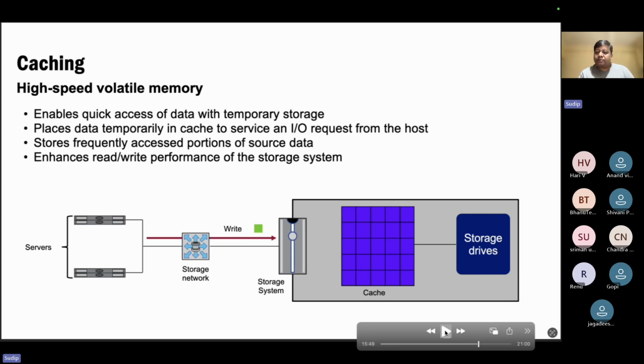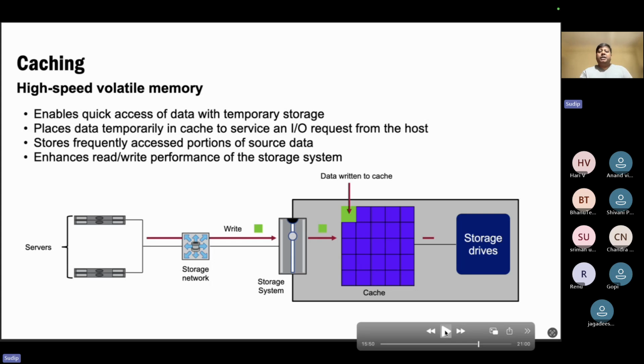Front end ports or back end ports? Front end, Coach, correct. Front end ports. Right. And is this data going to get written directly to those hundreds of disk drives or SSDs? Or will it first hit something called RAM or volatile memory called cache? It reaches cache, yes, correct. So that is what we are going to see here.